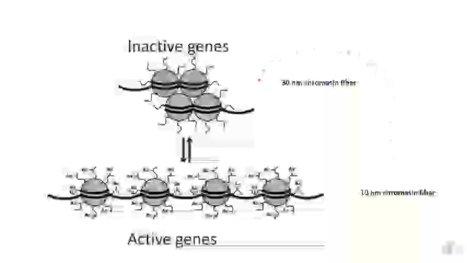When we are talking about the 30 nanometer chromatin fiber, look guys at how the structure is: tightly packed, tightly coiled. In this structure the genes are inactive, transcriptionally inactive. However, when you convert the 30 nanometer into the 10 nanometer chromatin fiber, look how the structure became less coiled, an uncoiled structure, loose chains.